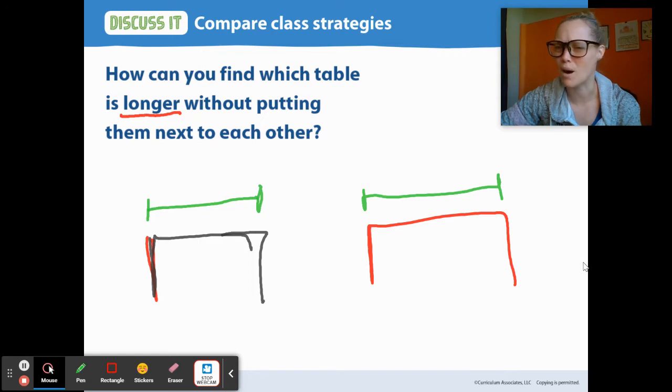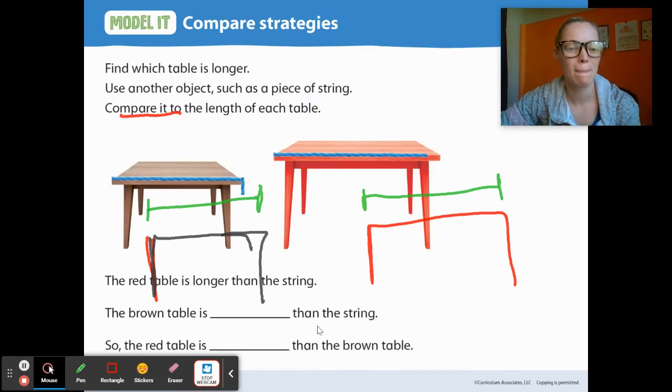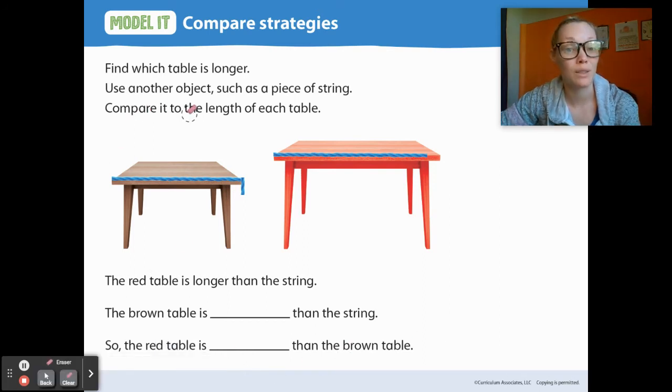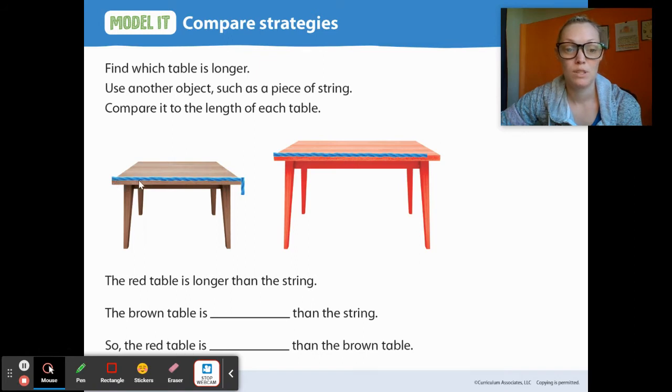Let's take a look at what the model says. Find which table is longer. Use another object, such as a piece of string. Compare it to the lengths of each table. So they put string on here for us. And as you can see, there's this brown one. Notice that part of the string is hanging down.